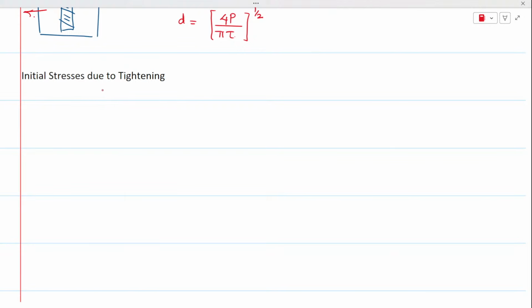Initial stresses due to tightening. Very first one under that we have is tensile stress due to stretching of bolt.